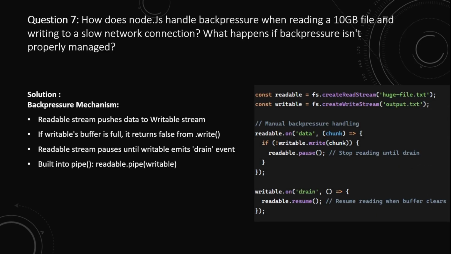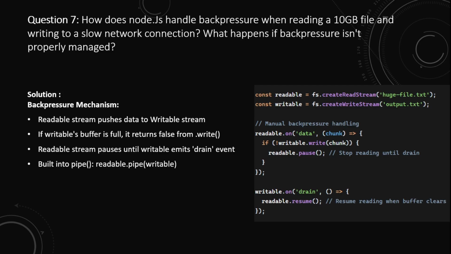Via the code snippet, this solution can be written as follows. In this code, writable.write returns true if the internal buffer is below the high watermark, and it returns false if the buffer is full, which is the back pressure situation.